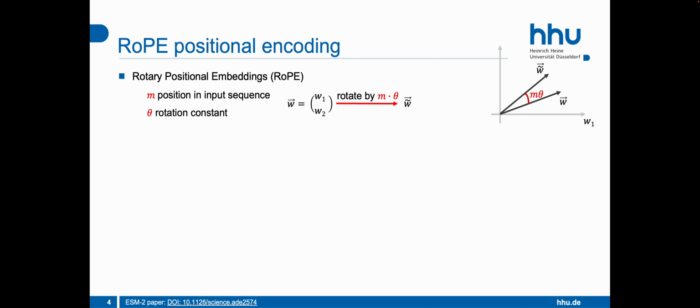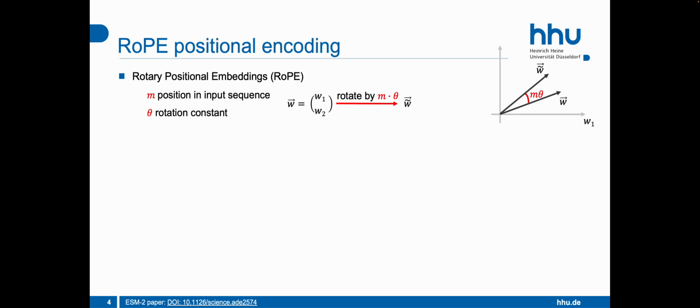For example, the first position would result in only a tiny rotation, whereas a larger position would result in a larger rotation. In this visualization here on the slide, for a dimension of d equals 2, we can see that the rotation amount increases with the position m of the token, allowing the model to capture positional relationships dynamically.